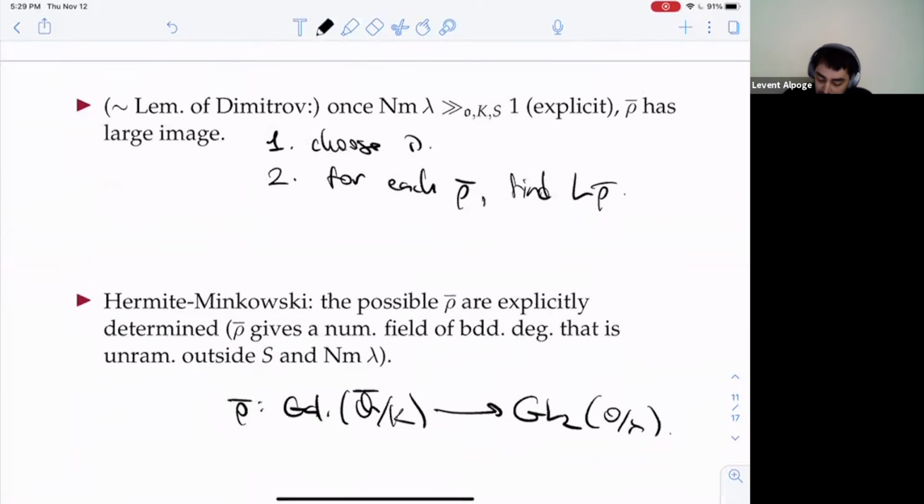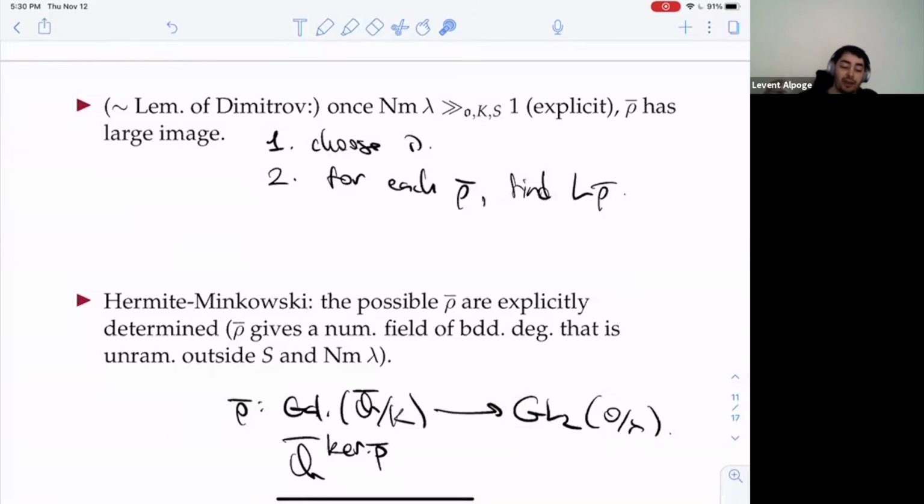This residual representation essentially amounts, up to some explicit finite choices, to giving a number field, namely the fixed field of the kernel of the representation. This number field has bounded degree because its degree is the cardinality of the image, and the image is of bounded cardinality. And it has bounded ramification because this residual representation is supposed to come from an abelian variety with good reduction outside S.